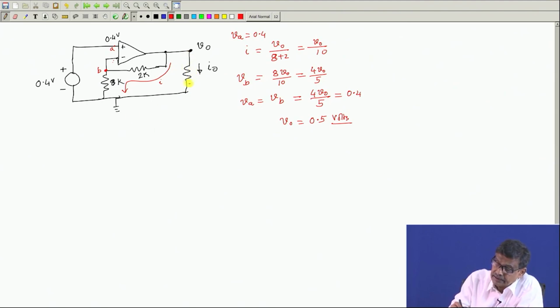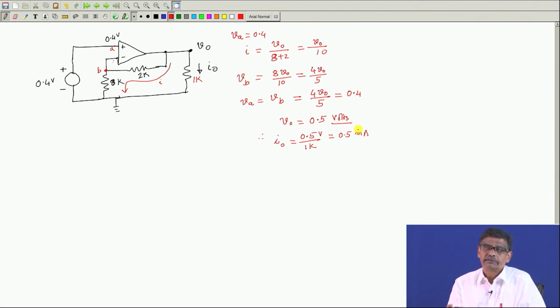If you have terminated this output by some resistance, say 1 k here, then I will say this I naught will be 0.5 volts divided by 1 k. So, this will be 0.5 milliampere.